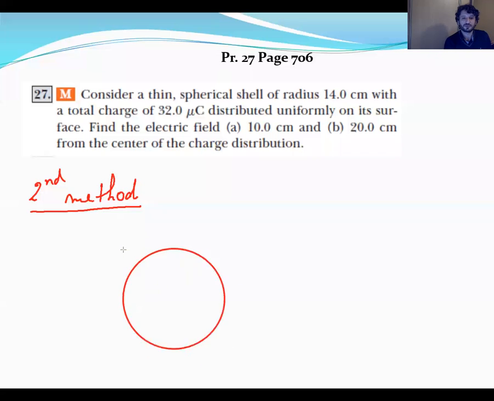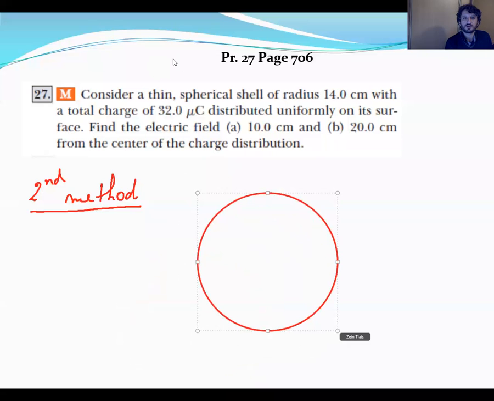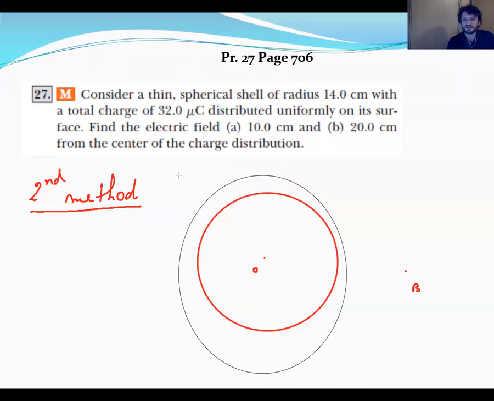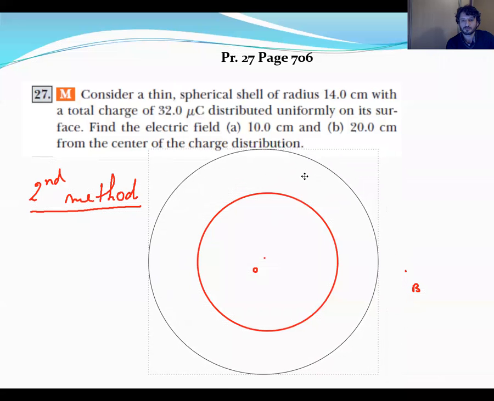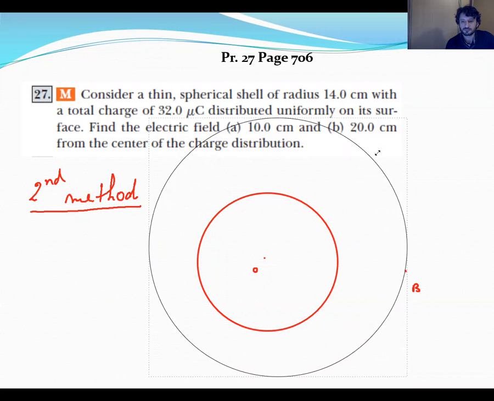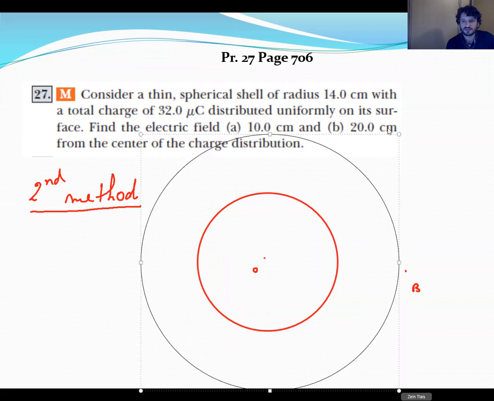Here we have the shell, and you want to calculate at the point B, which is located at 20 centimeter from the center. In this case, you can use a Gaussian surface, which is a sphere. Okay, let's say like this.